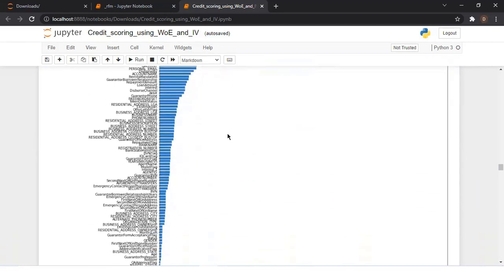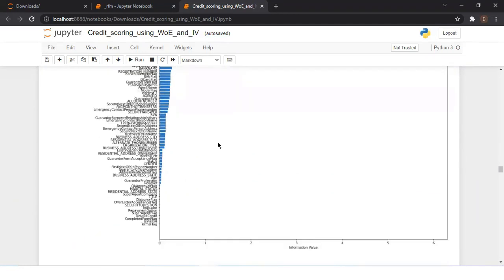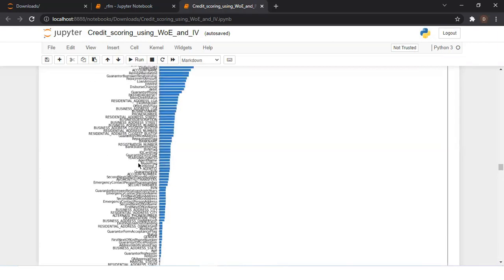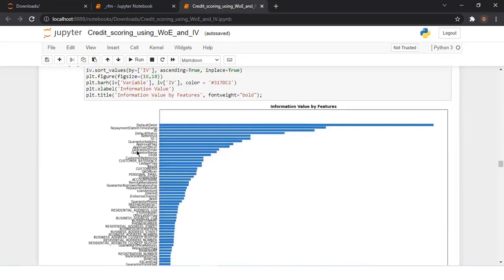Let us look at this graph. On the x-axis you have the information value, which means the value is increasing as you go right, and on the y-axis we have all the variables plotted. It will be kind of jumbled up since the variables are stacked one above the other.